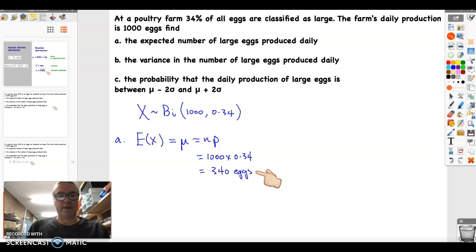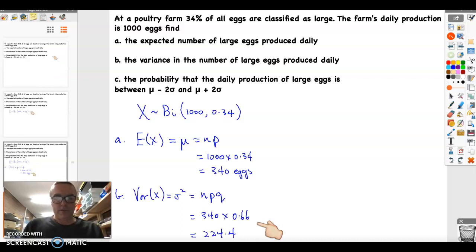Next, we're going to calculate the variance of this distribution, and so that's where we use the value of q as well, q being the complement of p. You'll see here, I've already calculated n times p, so I'm using that in my calculation. That's the first part of the formula for variance, and we just need to multiply 340 by the value of q, which is 0.66.